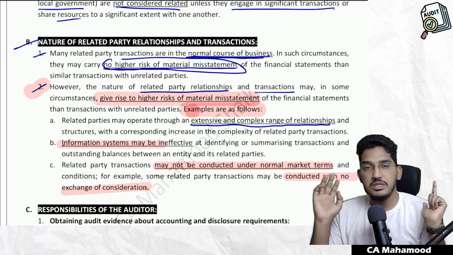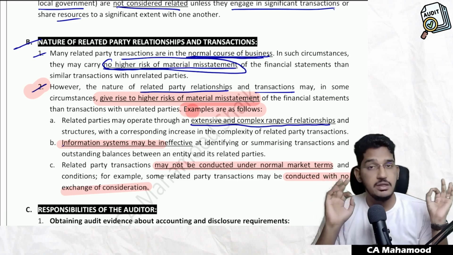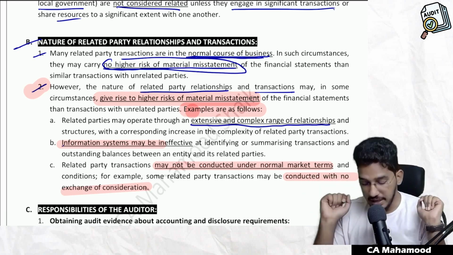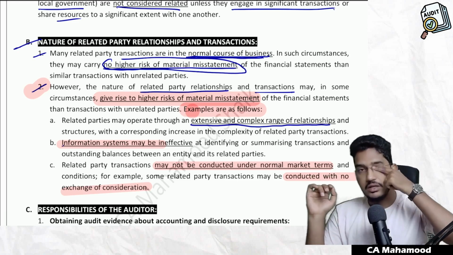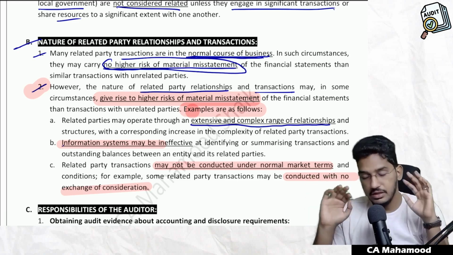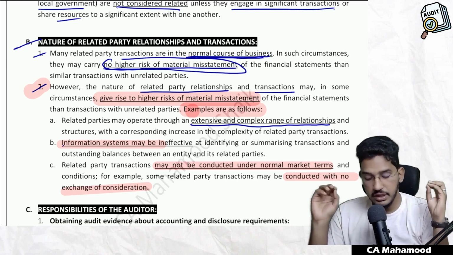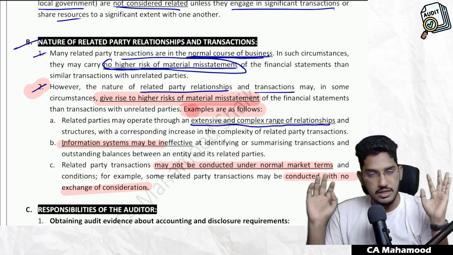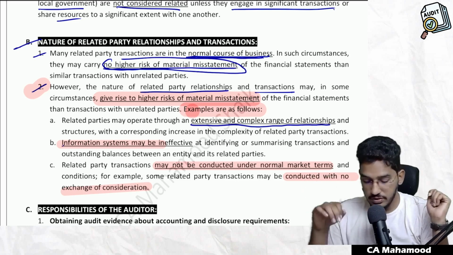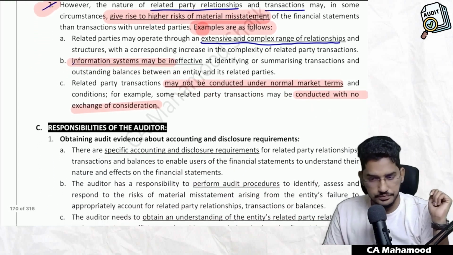Number two, the information systems used to identify and summarize the related party transactions might be ineffective. Number three, related party transactions may not be conducted under normal market terms and conditions. Clear, everybody? So this is regarding the nature of related party relationships and transactions. Understood, everybody? So this is what the second item is.